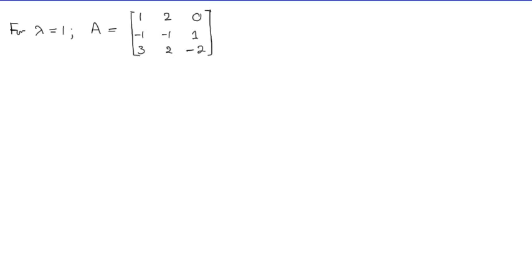Okay, for each eigenvalue we discuss, we mustn't lose sight of the original matrix which you're given because it's important. Then let's take now our expression A minus 1 times the identity, I, multiplied by the eigenvector, which we're looking for.